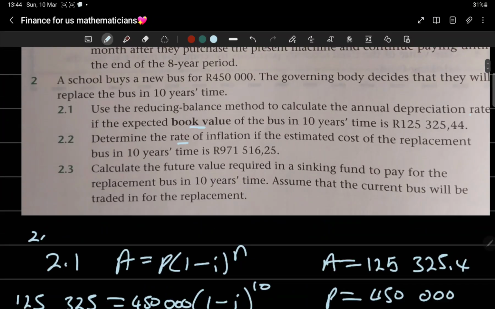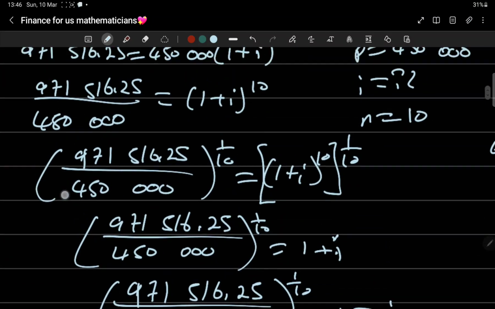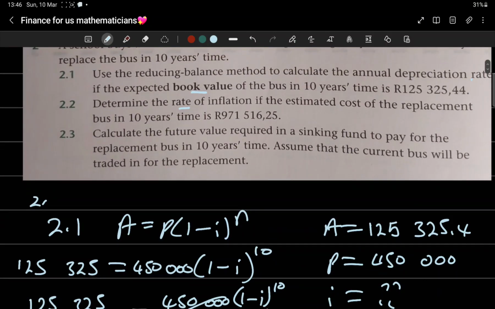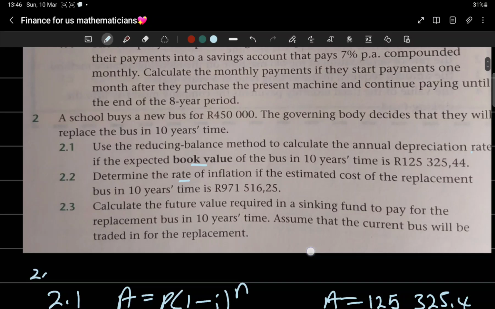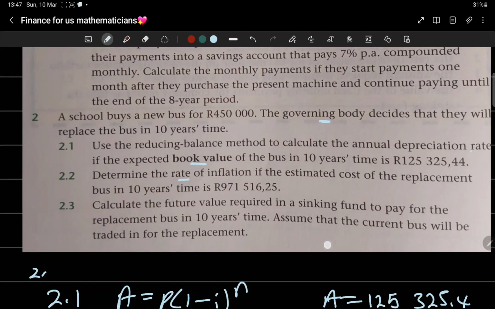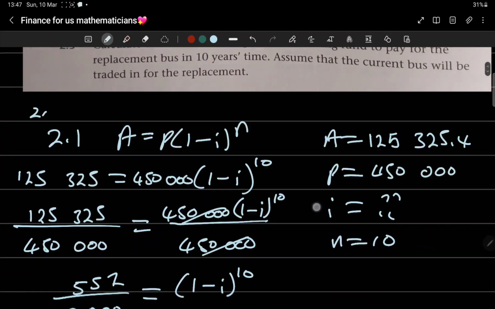The last one, 2.3. Calculate the future value required in the sinking fund to pay for the replacement of the bus. Assume that the current bus will be traded for new. We don't have to assume, the governing body decided that they will replace it.